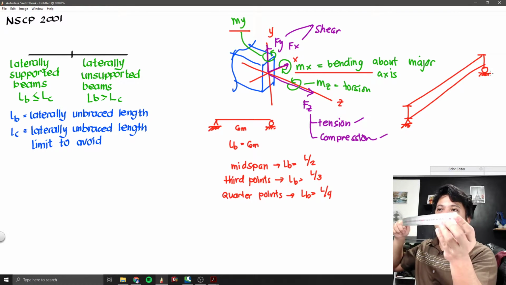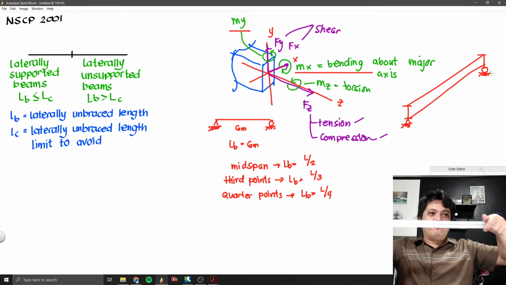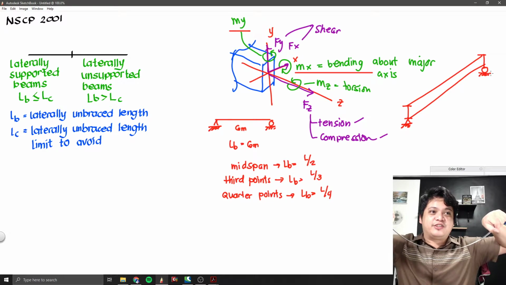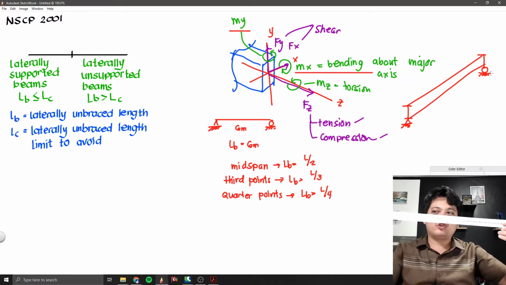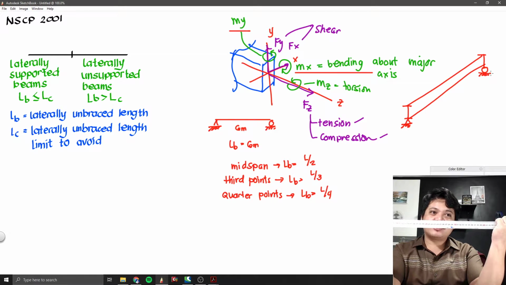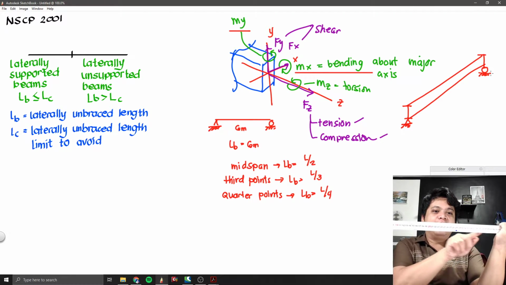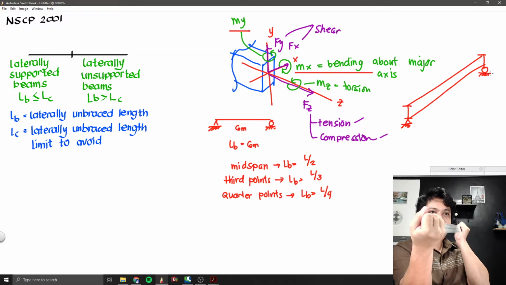Okay. Bakit? Kasi, supposedly, kailangan niya makuha yung buong lakas ng beam mo sa gantong direction. Okay? Unfortunately, kapag walang tukod sa bandang gilid, katulad nito, no? Napakalakas niya sa strong axis, pero hindi yun magagamit lahat. Bakit? Dahil wala akong lateral support, ang mangyayari, tingnan nyo mangyayari sa gilid.